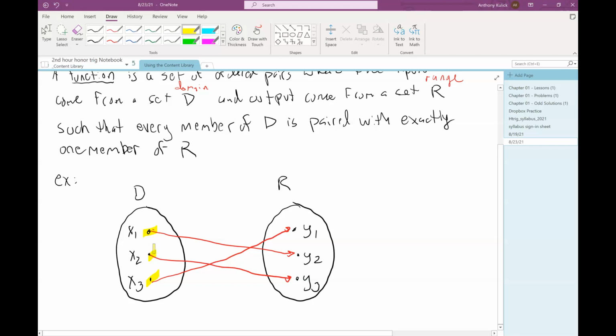That's good. And then the second thing I need to make sure is that they're only going to one place, which they are. Do I care what's happening in the range? I do not. To determine if something is a function or not, I only really have to look in the domain. So I need to make sure everything is used, and those things that are used are only paired with one thing.